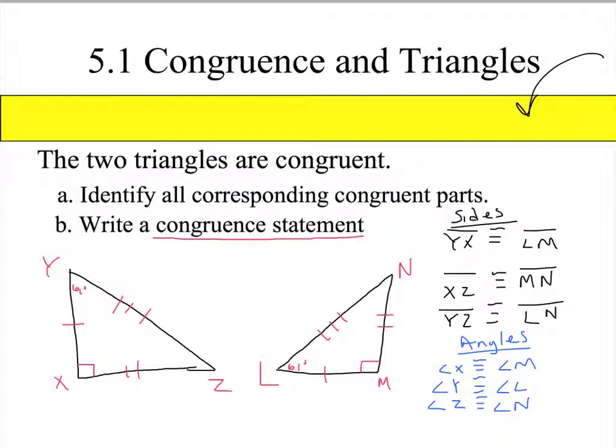Now comes the congruent statement, and we have to be careful with our congruent statement because you need to make sure that it is in the correct order that allows us to have our angles congruent and our sides congruent. We can't just put angles in there and make them congruent to other angles.